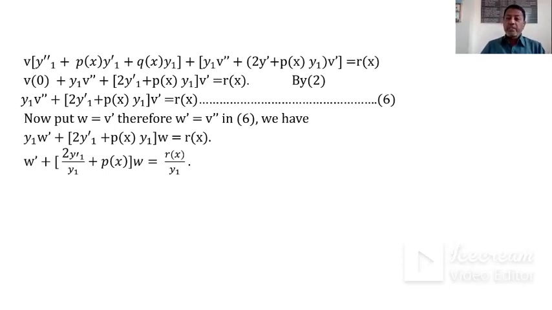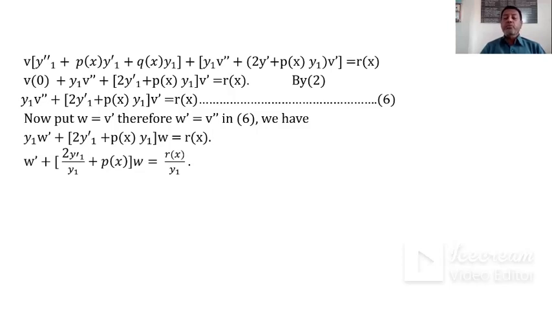If we solve the differential equation, then we obtain the relation between w and x. Then in this relation, we substitute w = v', meaning dv/dx. Then this relation is converted into a first order, first degree differential equation.